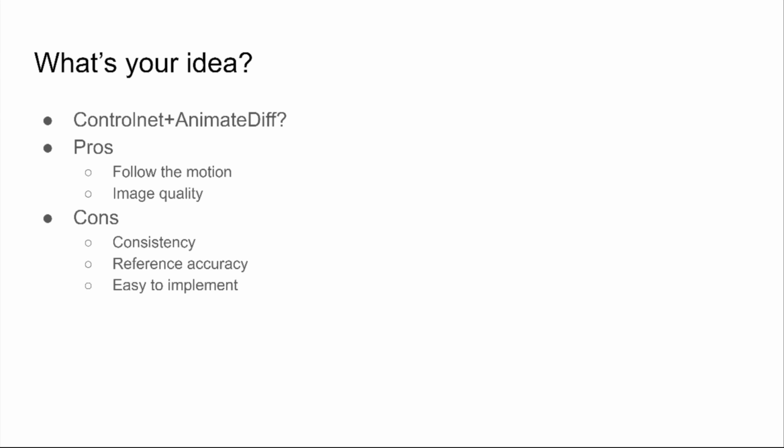Here I should put this point into the pros: it's very easy to implement because you don't need to train your own model, and you just use the inference code of ControlNet and AnimateDiff to generate the video.